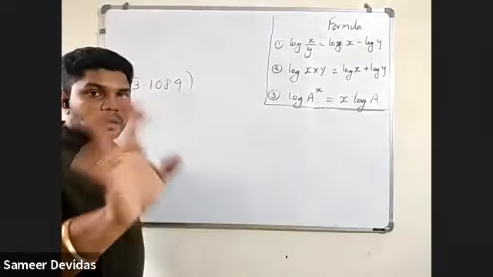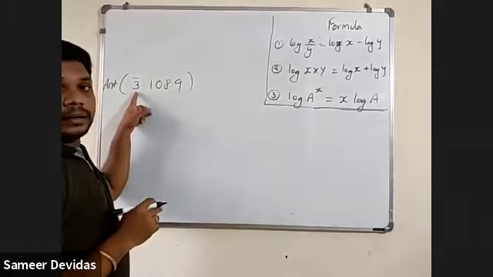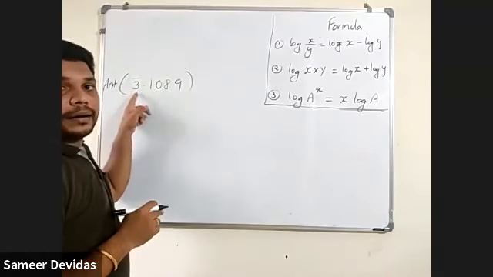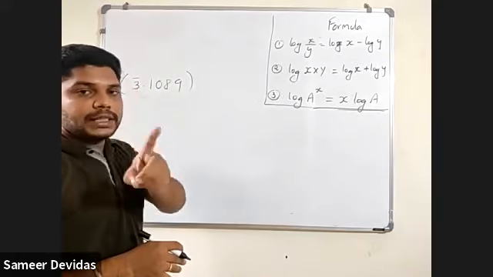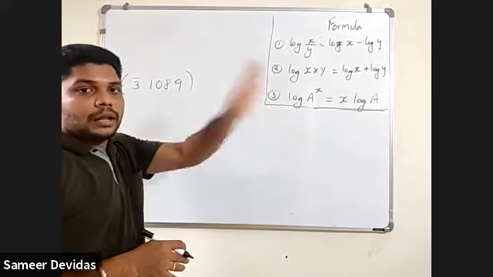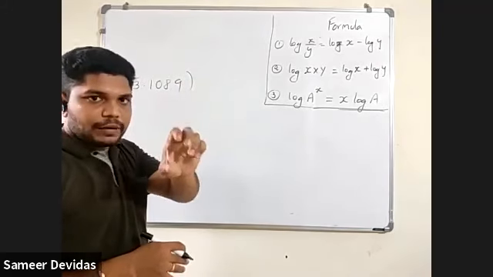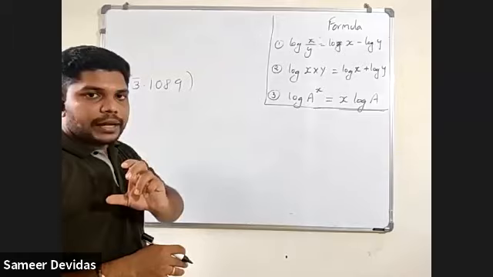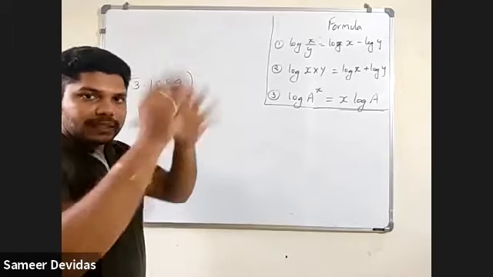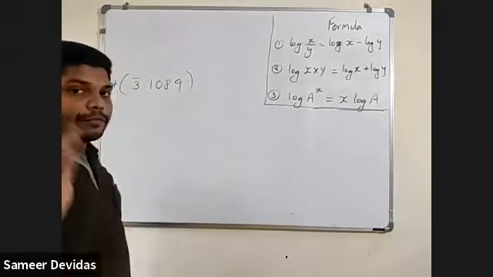No, because here there is a minus sign. Be careful when you see the minus sign before the log. Log is easier, but anti-log you have to be very careful.